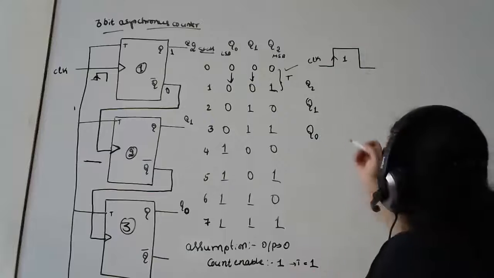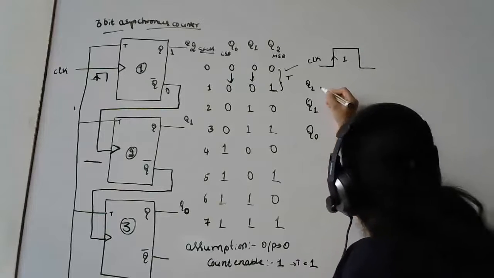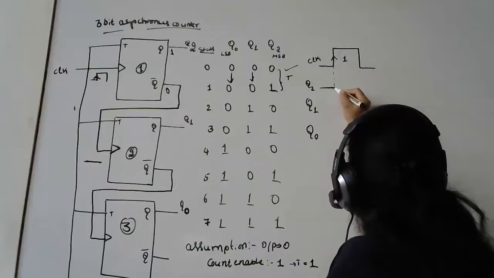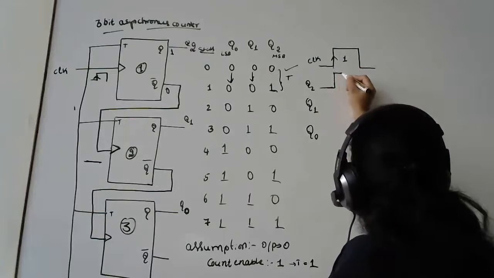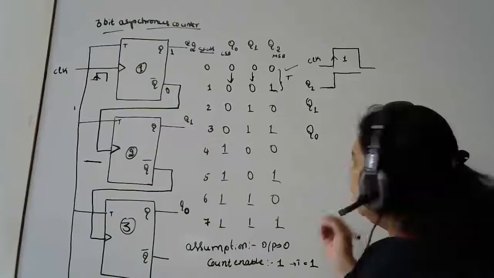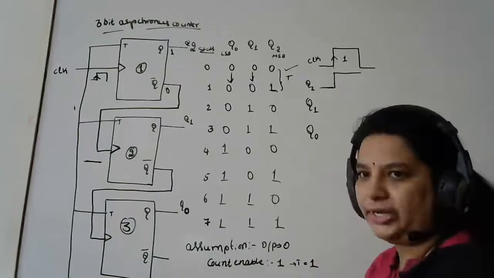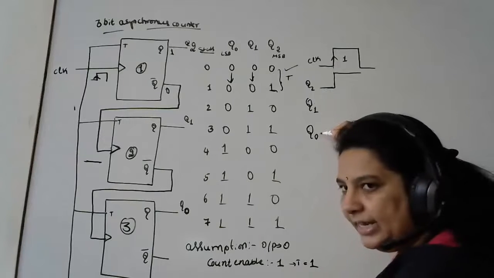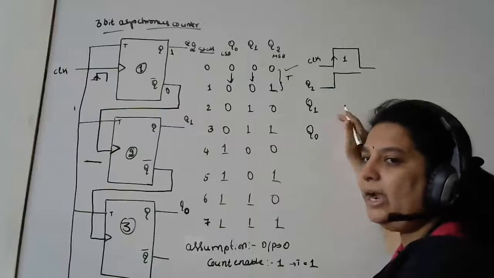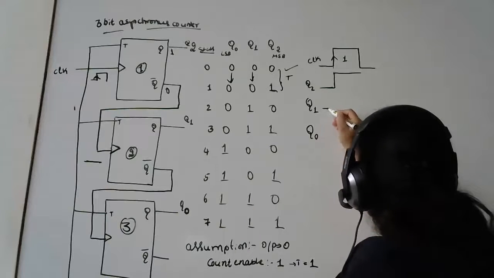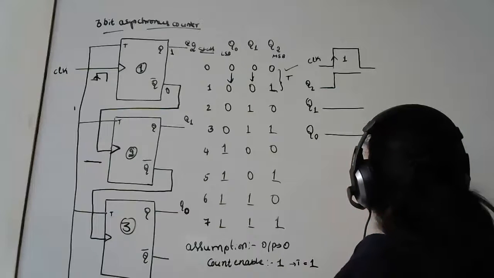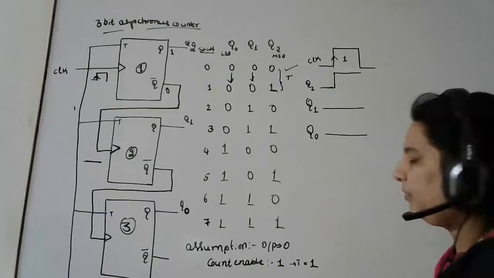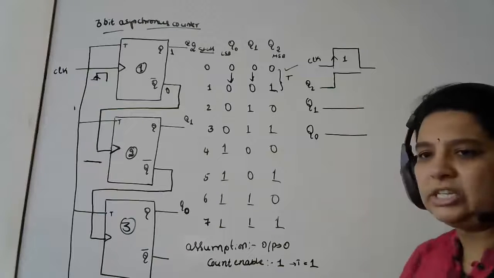Initially I was in the zero state, and this positive edge triggering is making my Q2 go to the one state. But what happens to Q1 and Q0? For Q1 and Q0 it's a negative edge, so there will be no change of state. They continue to be in the zero state. Simultaneously, I'm trying to write the timing diagram also. So this is the condition.